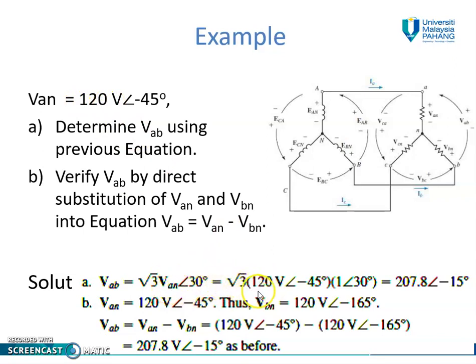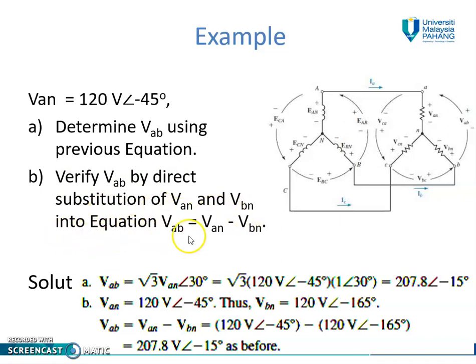So √3 times 120 volts at negative 45 degrees, times 30 degrees, and then we get 207.8 at negative 15 degrees.